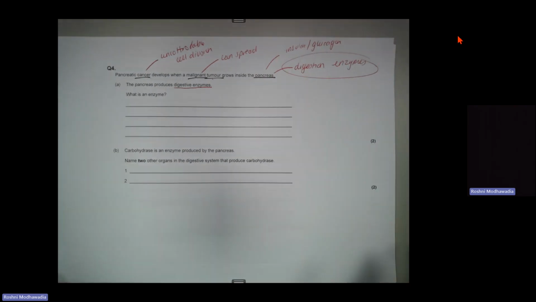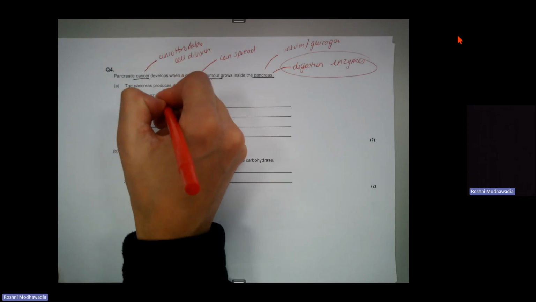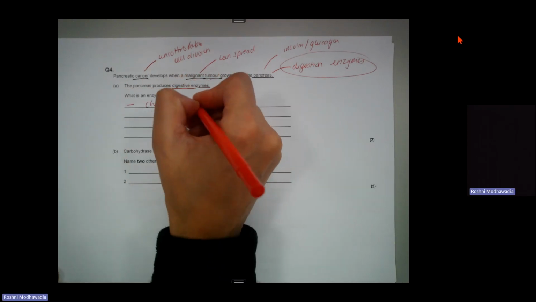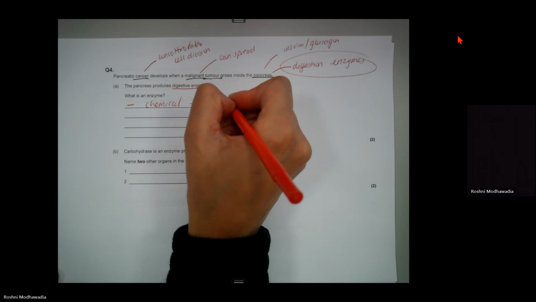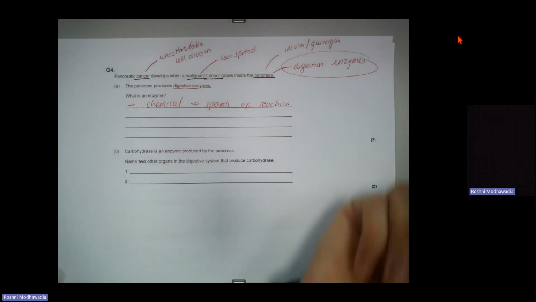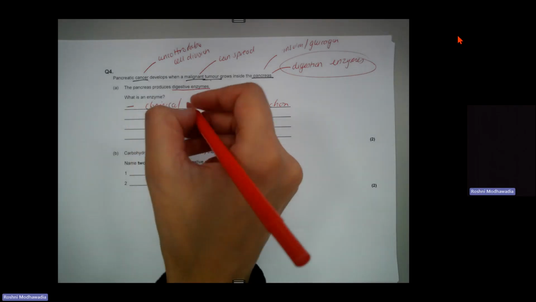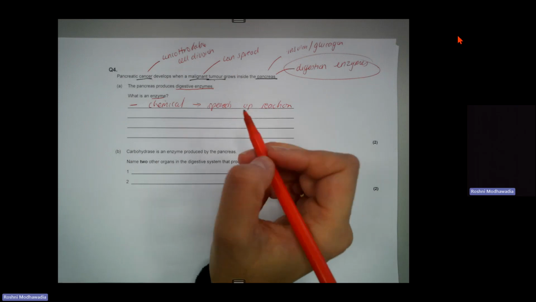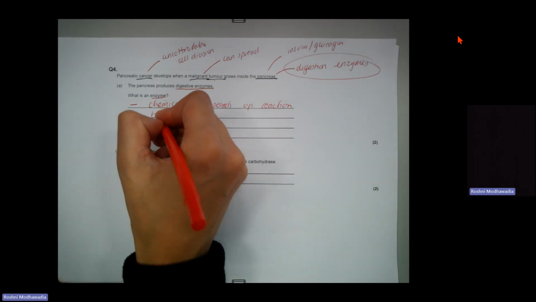So we're only going to mention what an enzyme is. We know that an enzyme is a chemical, and this chemical speeds up reactions. So it will speed up a chemical reaction. This chemical, in the form of an enzyme, is a biological catalyst.